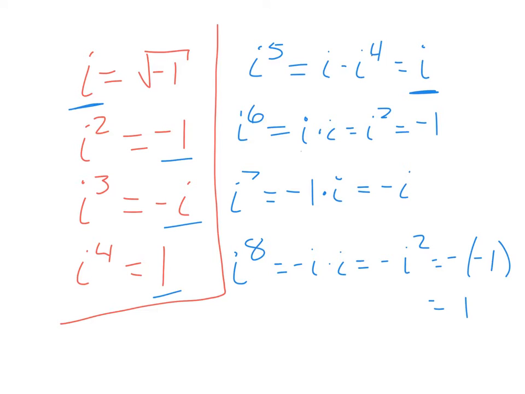Okay, so if we multiplied i to the 8th by i, we'd be at i to the 9th, but then we could just go through the same process, and then i to the 10th, i to the 11th, and then i to the 12th. So that's what it means that the pattern repeats itself. Is that okay?